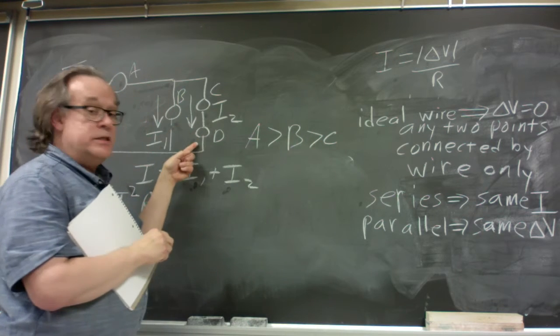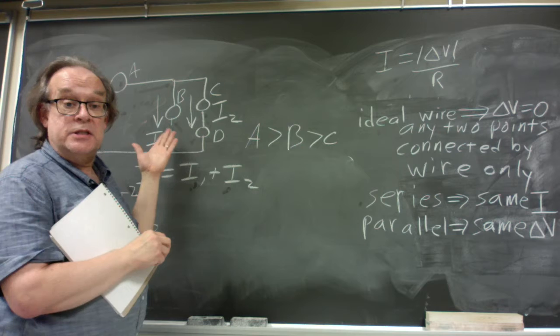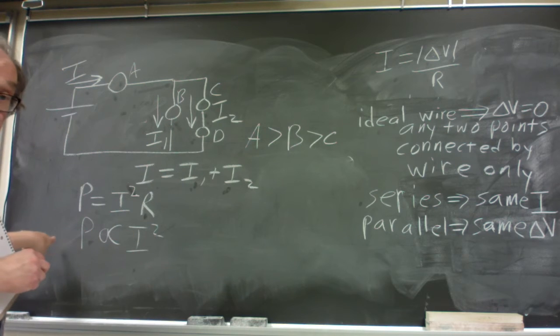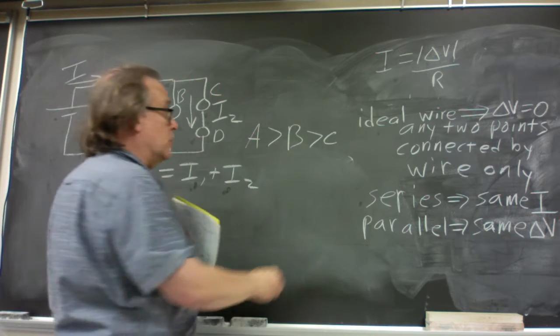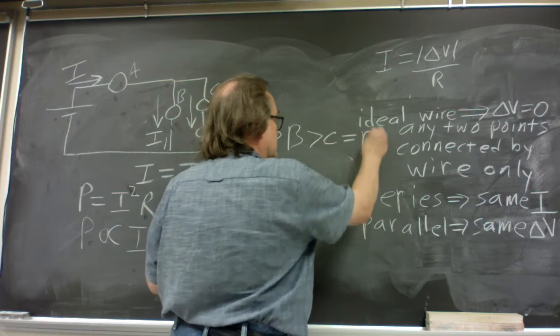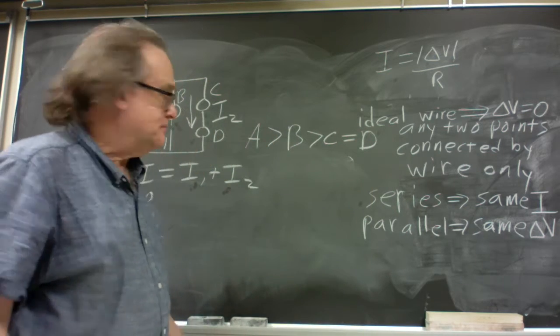And C and D are in series. Series means they get the same current. Same current means same power, so the brightness of C and D is equal.